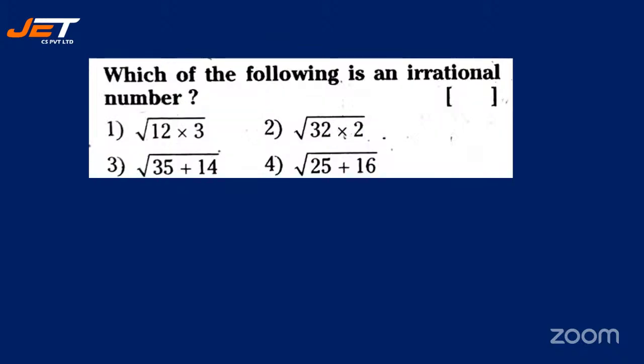Which of the following is an irrational number? Whichever is not a perfect square should be the answer, isn't it? See, root of 12 into 3 is root 36. Second one, it should be 64. So that is also a square root.